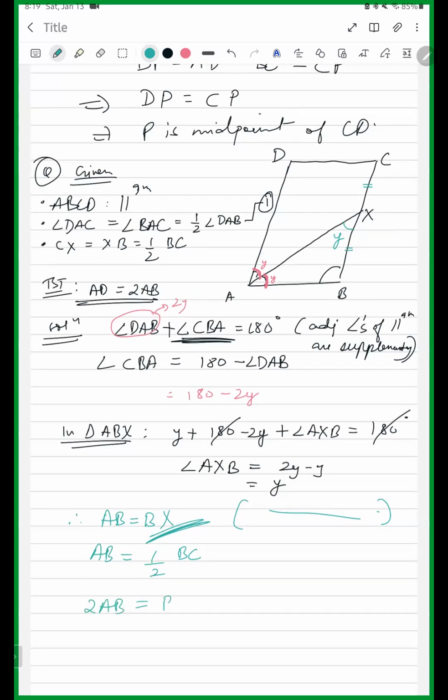But BC, this side, is also equal to AD because it's a parallelogram. So twice of AB is equal to AD since in a parallelogram opposite sides are equal. So this is what we needed to prove. AD is equal to twice of AB.